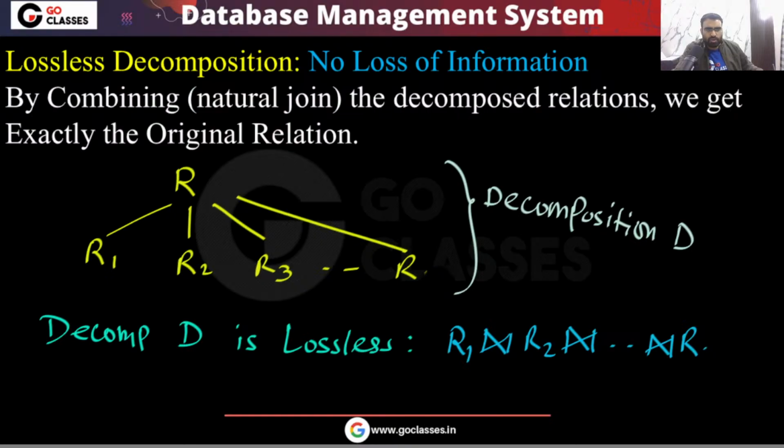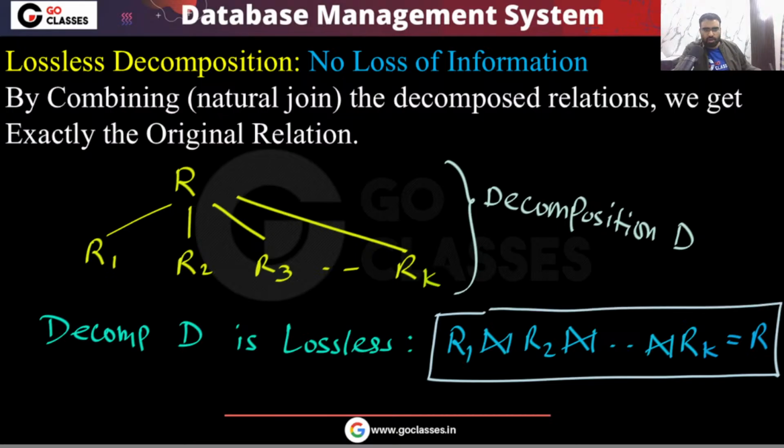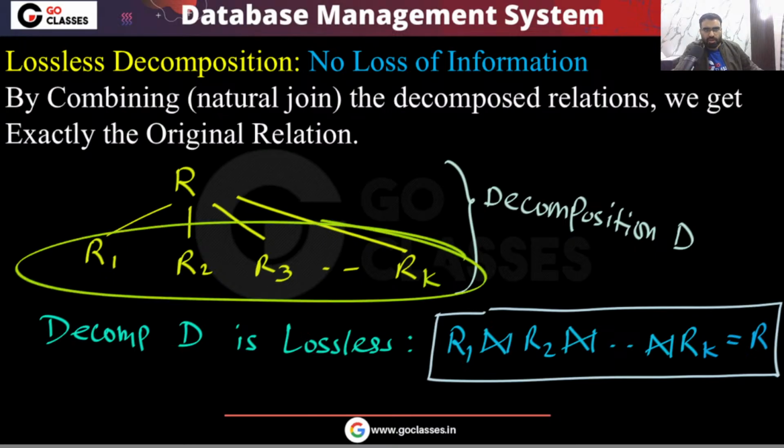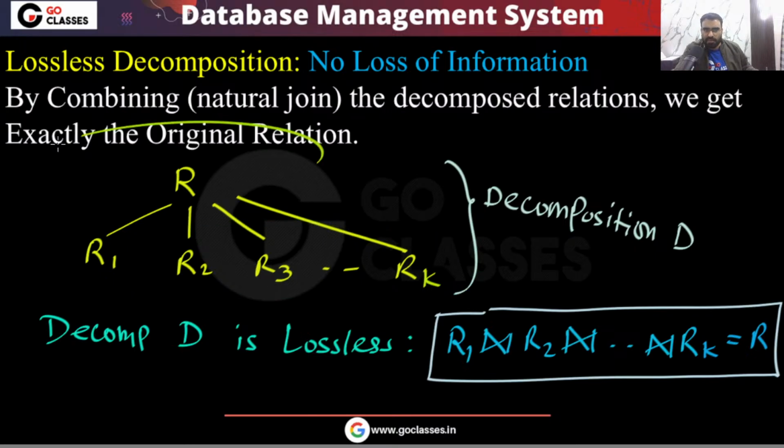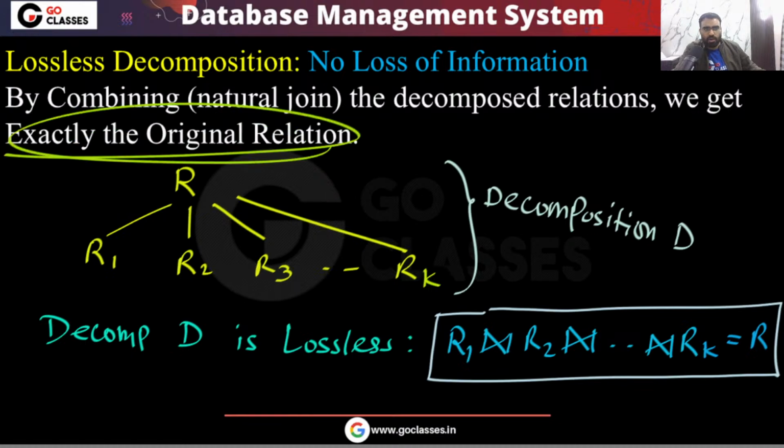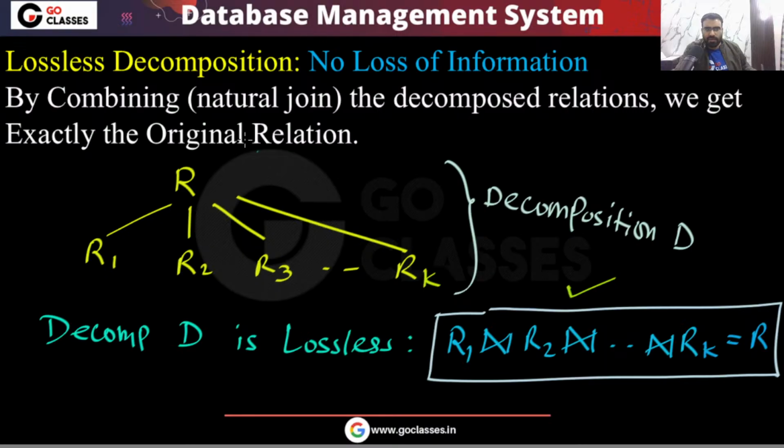Then what we should get? We should get the original relation. Very simple, this must be equal to R. This is the definition of lossless decomposition. So this decomposition will be lossless if when we do the natural join of the decomposed relations, we get exactly the original relation R. Then we will call it lossless decomposition.